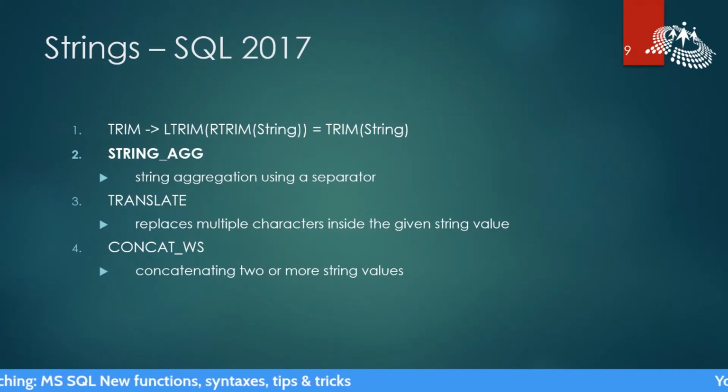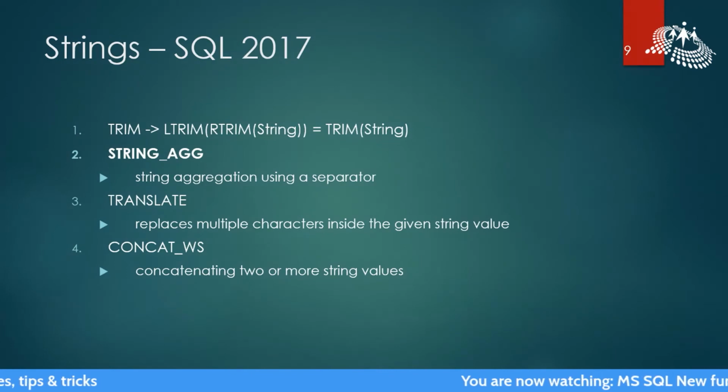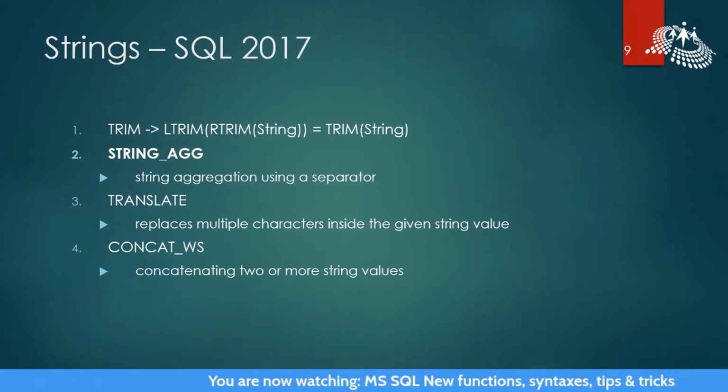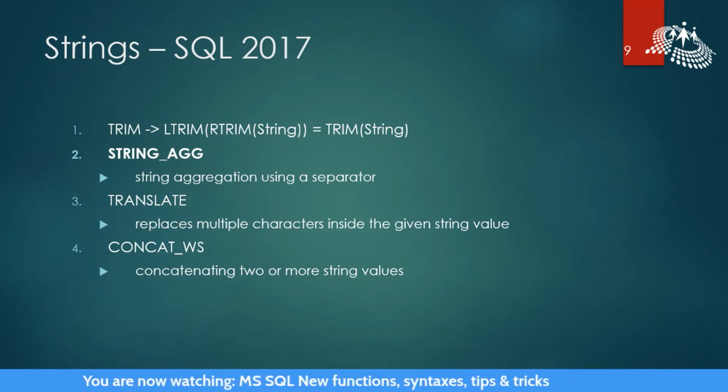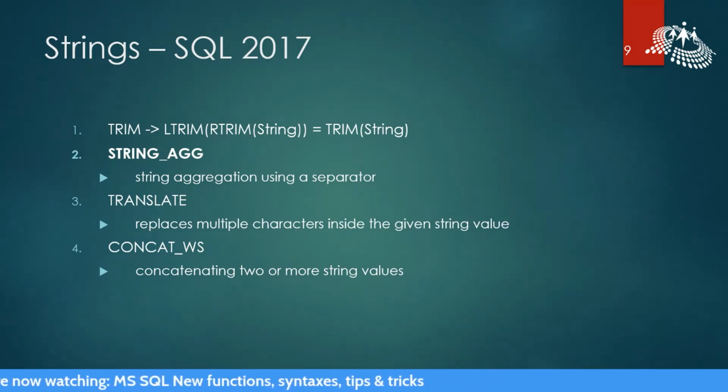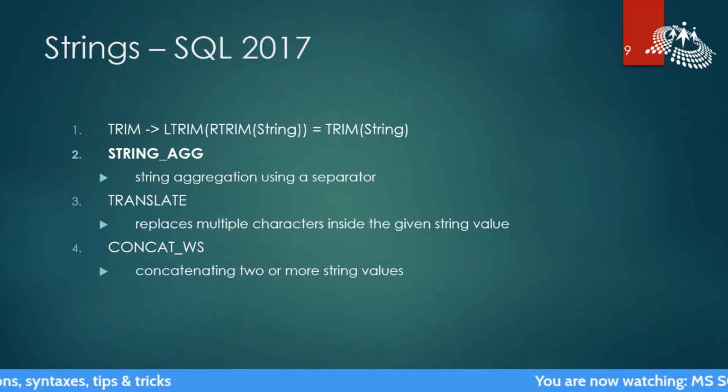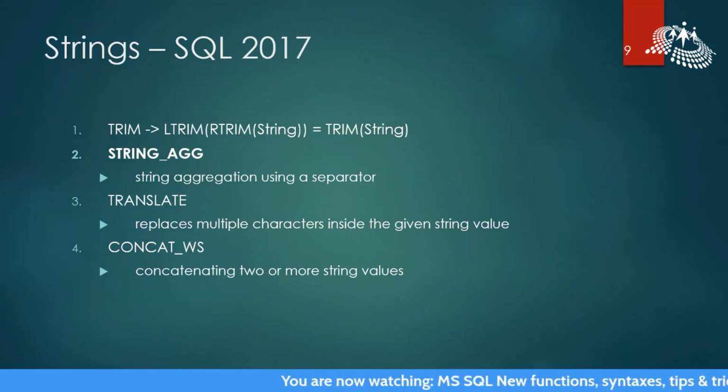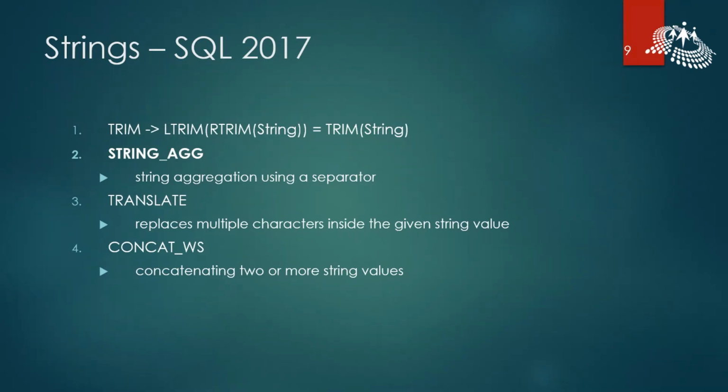And I prefer using XML in combination with STUFF. There are also many handy articles on the internet comparing methods to aggregate strings. And maybe there is a very good one on Redgate Simple Talk by Enid Sam. Sorry if the pronunciation isn't right.